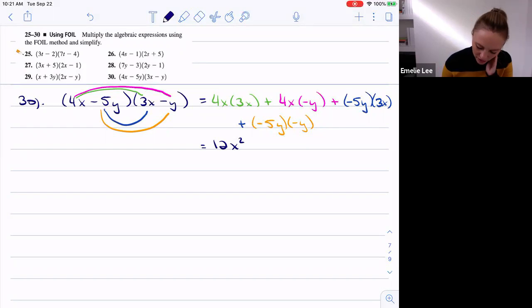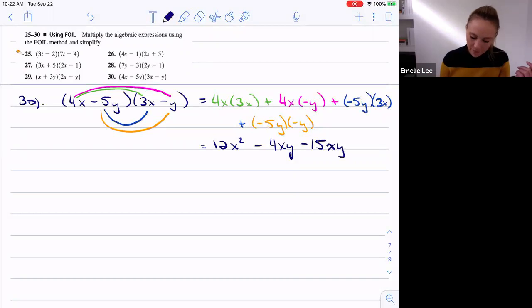And then the next term, I've got 4x times negative y. So instead of adding, I'm going to be subtracting, right? Because x times negative y is negative xy. So I've got minus 4xy. Same idea with the negative 5y times 3x. So I've got negative 5 times 3 is negative 15, and then x times y, there's no simplification there. So I've got minus 15xy.